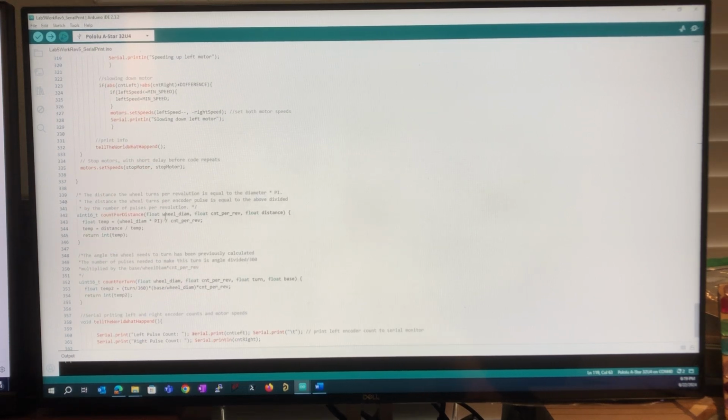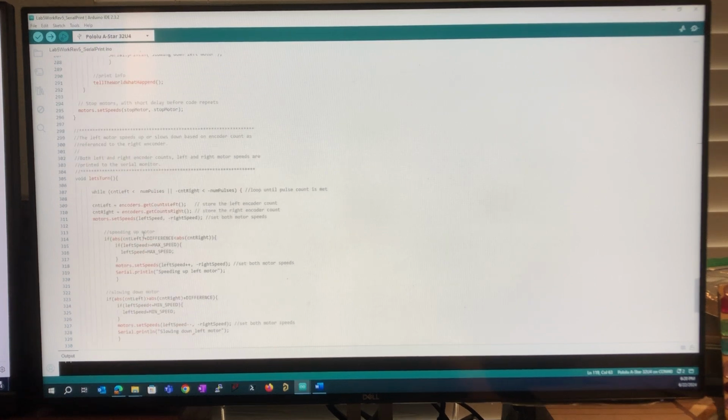It takes the float value of the wheel diameter, the counts per revolution, and the distance. What it's doing is this temp float is the result of the wheel diameter times pi divided by counts per revolution. We then take distance and divide it by that temp, and that's the new temp. And then we return the integer.